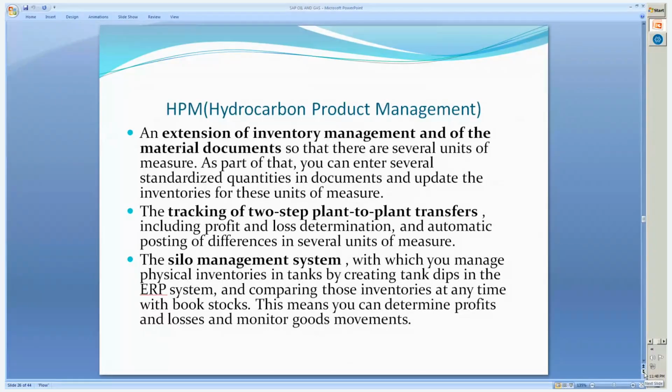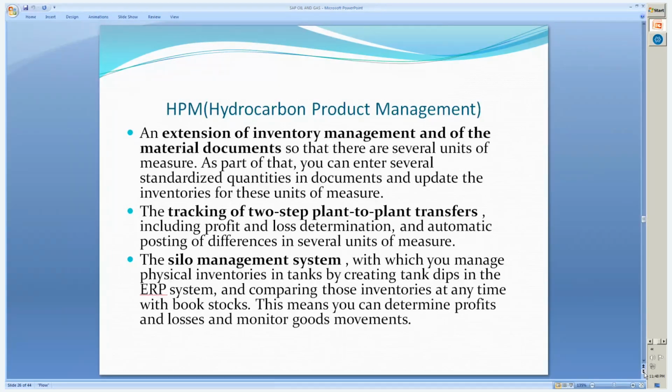It is not only limited to the delivery part. Also, when you receive the oil from the companies, goods receipt will happen. That time also the conversion has to happen. Also, when you're doing inventory management, because we have a certain quantity of oil stored in the particular depot, but it is expected to vary.